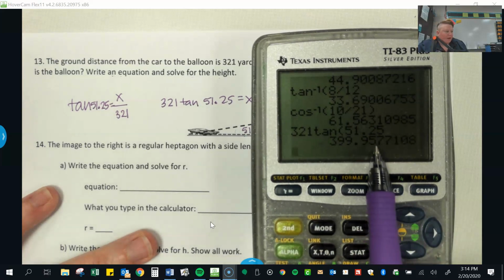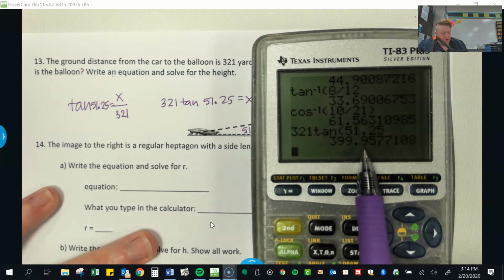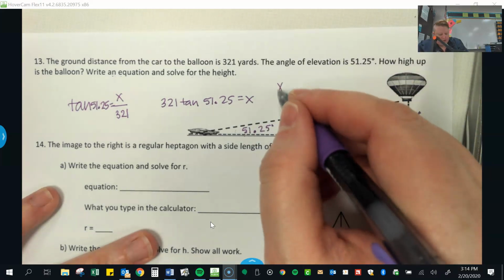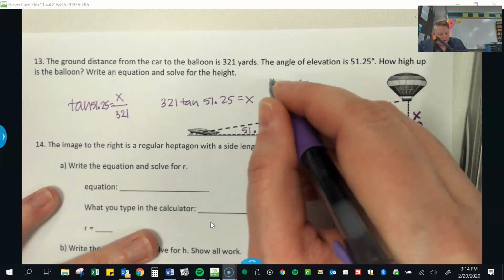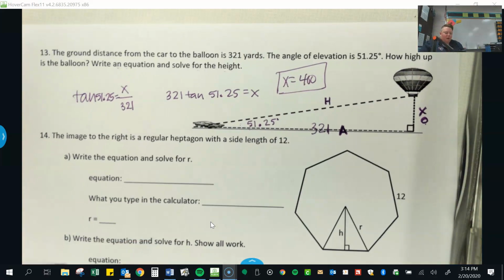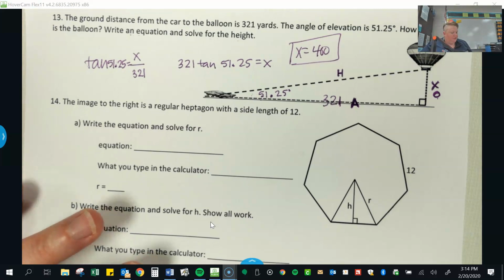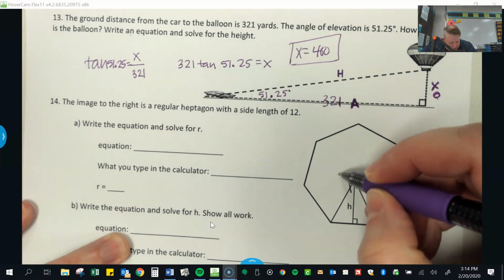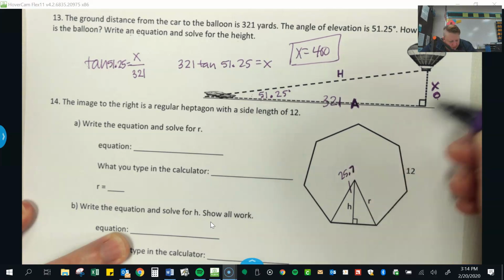The number after the 9 changes the 9 to a 1, so everything rounds up to 400. So this is x equals 400.